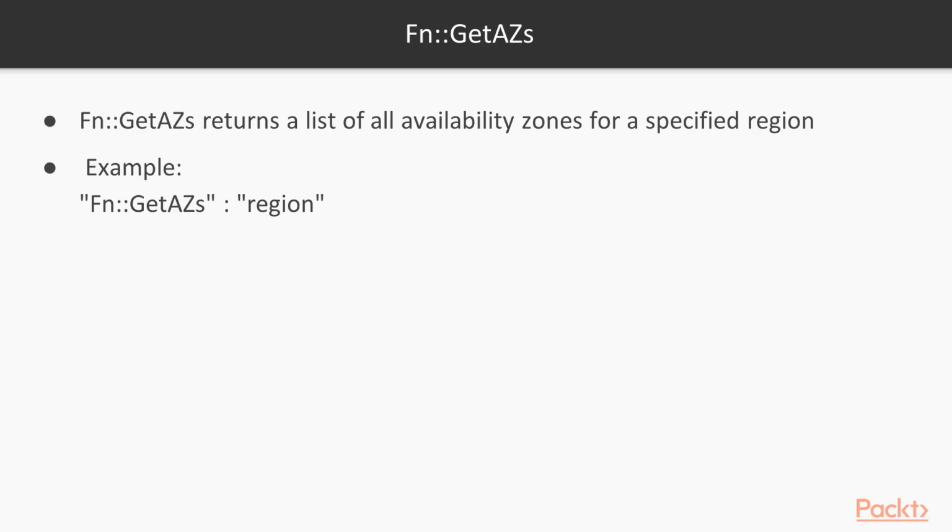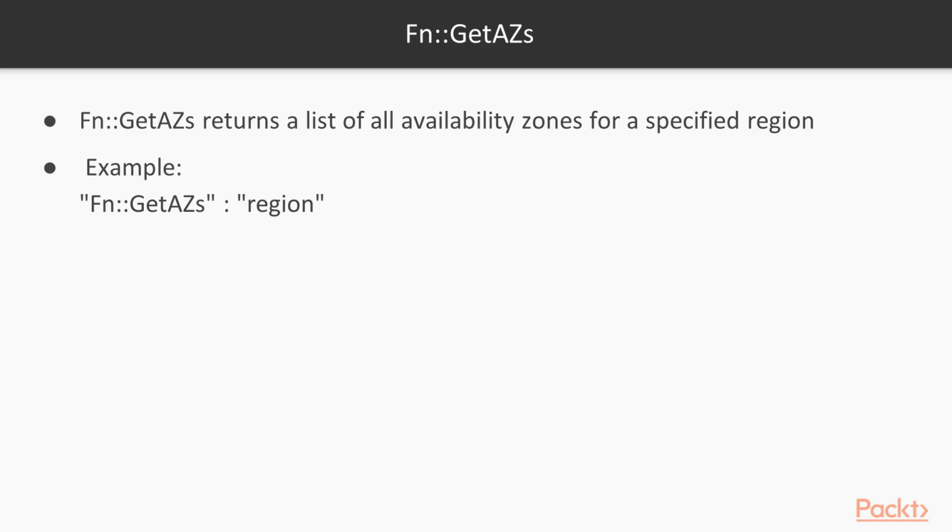So whenever you run this function, it will give you a list of all the availability zones present within a region. The syntax is very simple: you run the function get availability zones and you specify the region from which you want to get the availability zone list.